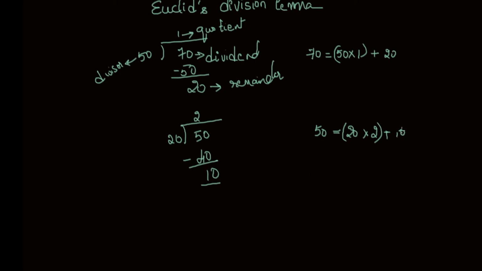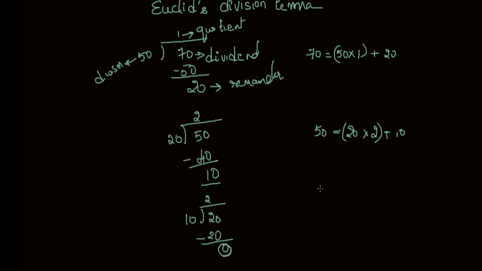Again, we still haven't come down to the remainder as 0, so let me solve even further. Again, I'm taking the previous divisor as the dividend and the remainder as the divisor. So twice 10 is 20, minus, and now we got the remainder as 0.